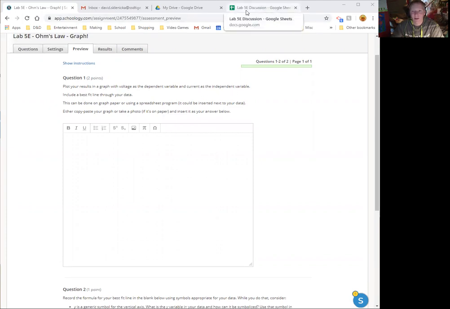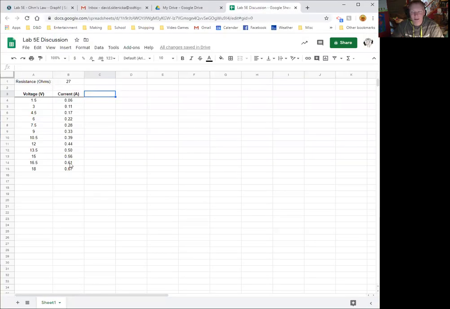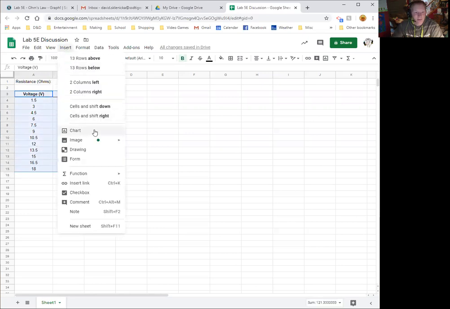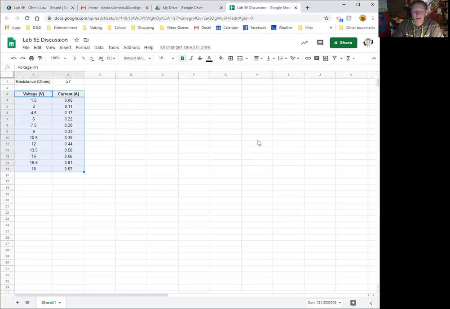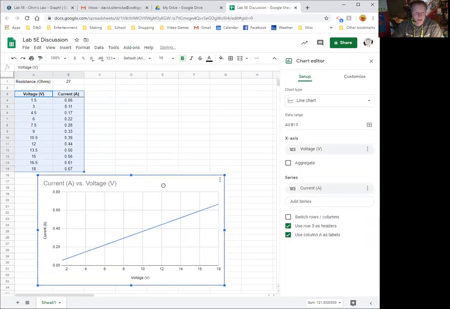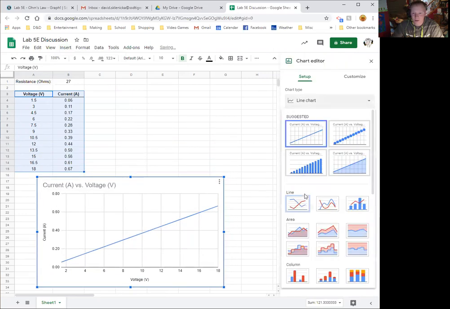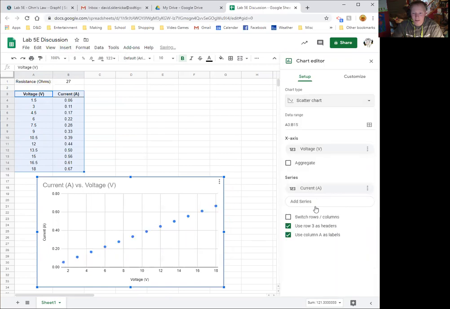So I've got over in this window some data like that, and I set up the table all nicely with my constant up top listing my resistance, my voltage that I was changing here in the first column, and my current, that was the responding variable there. And if I highlight these and insert a chart, I quickly put that up, and then I can go down to scatter plot.